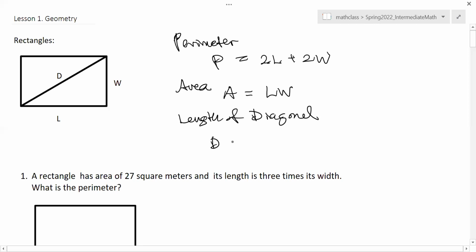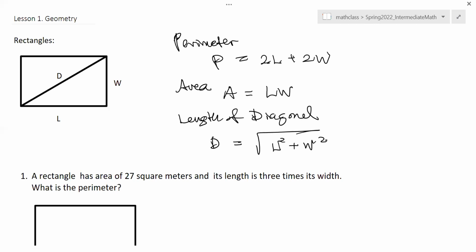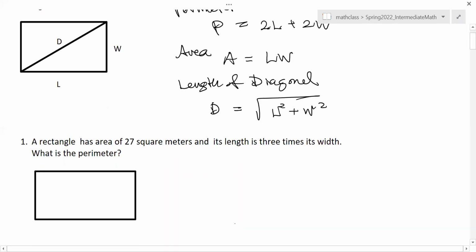So D is going to be the square root of L squared plus W squared. Those are the basic formulas, and we are going to use them. The last one is the Pythagorean theorem, basically. If you know the width and the length, then you can get the length of the diagonal.